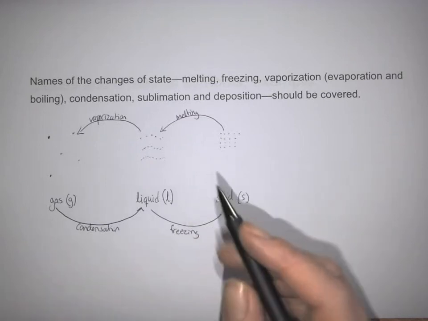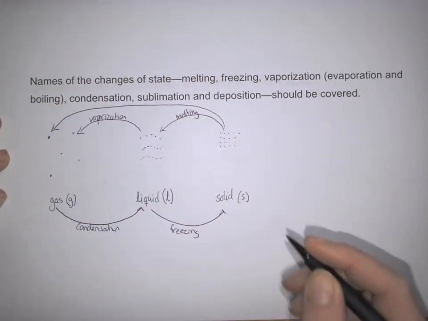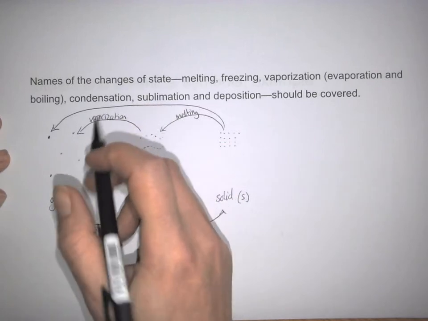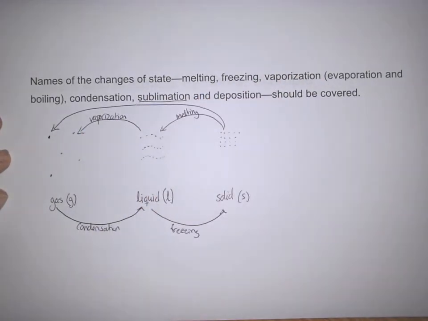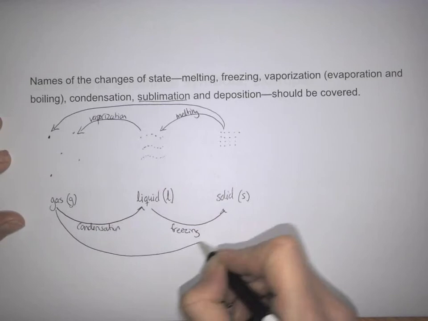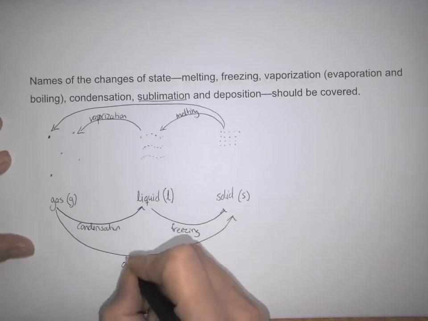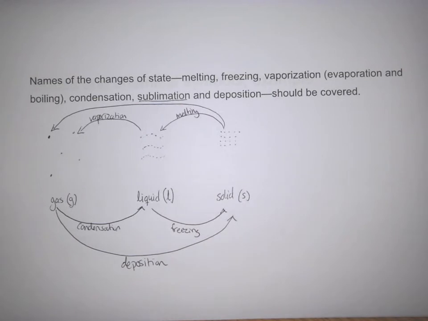If the solid goes directly from solid to the gaseous state, the process is called sublimation. And if it goes directly from gas to solid, we call the process deposition. So these are all the different changes of state that we can see.